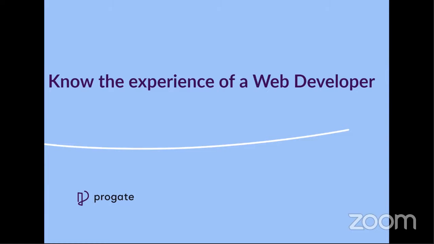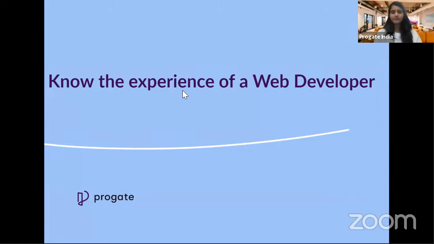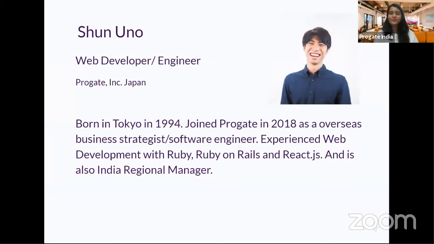Yay, yes. So now I will be introducing who is coming. Can you guess anything? Who will be the web developer who is going to share his experience with you? Any guesses, everyone? Right, right. So let me introduce you to Shun Uno. He is a web developer and engineer on our Japan team.